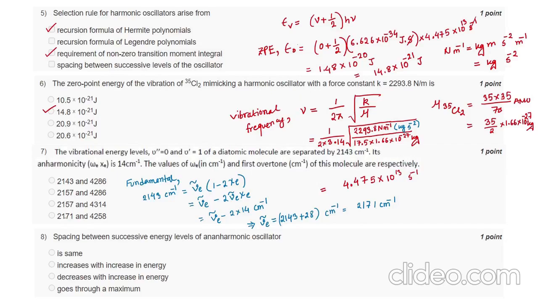And also let us calculate the first overtone. What is going to be the first overtone? So for the first overtone you will require your E0. E0 we have calculated earlier also. So E0 is half ωe minus 1 by 4 ωe xe.